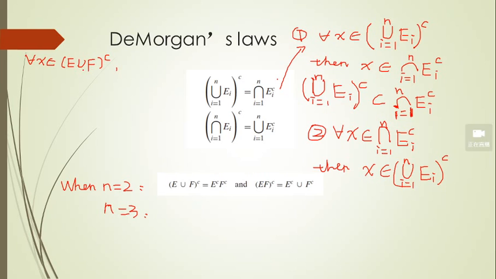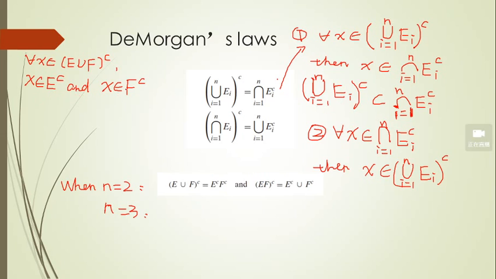The E union F will be the part we shaded, the circle E and the circle F. So its complement will take the part inside the rectangular box, except those two circles. So that means x should be outside of the circle E, and outside of the circle F.